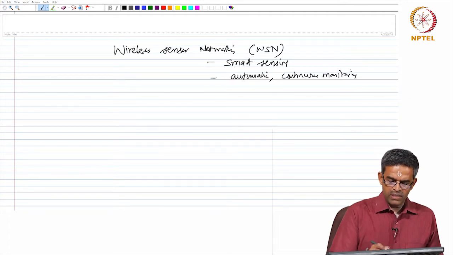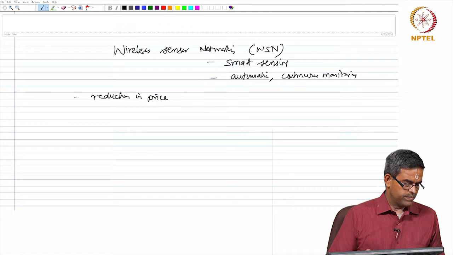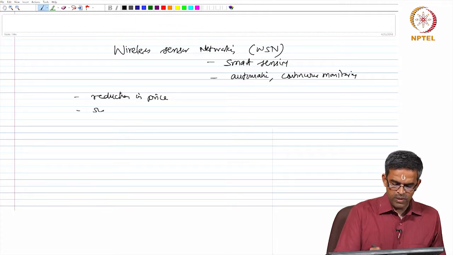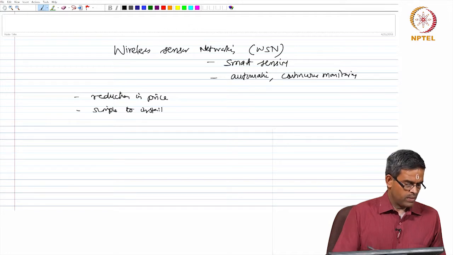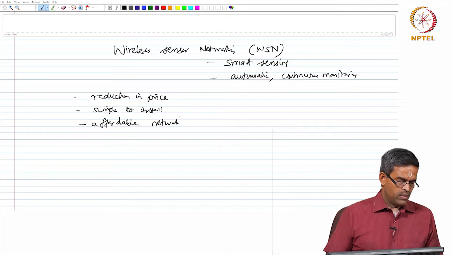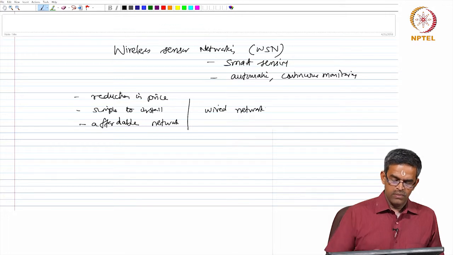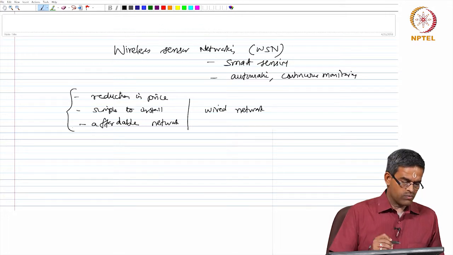They have many advantages, we saw them: reduction in price, simple to install, and an affordable network in lieu of a wired network. In comparison to a wired network, wireless sensor networking is far superior.